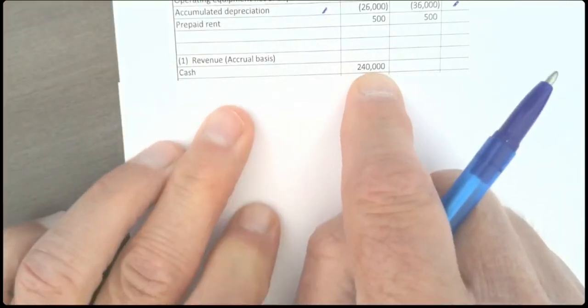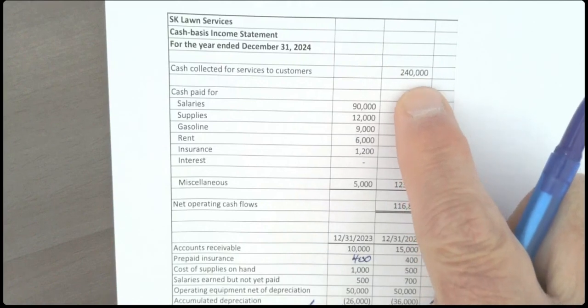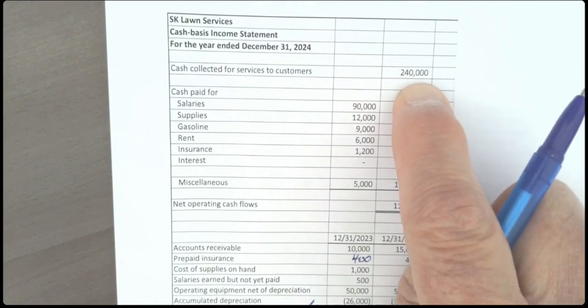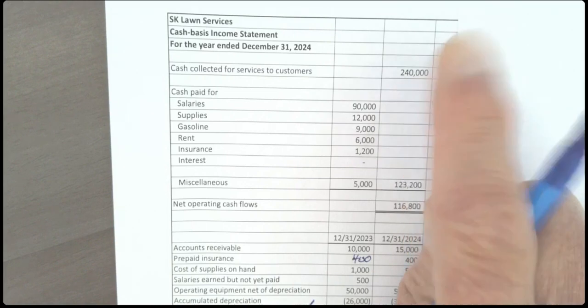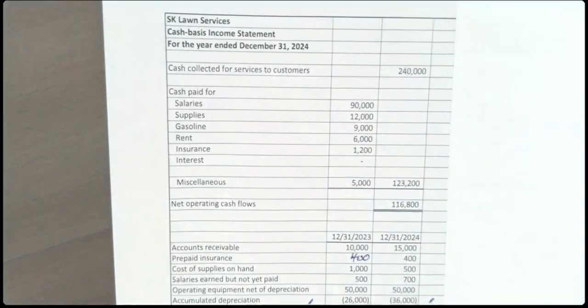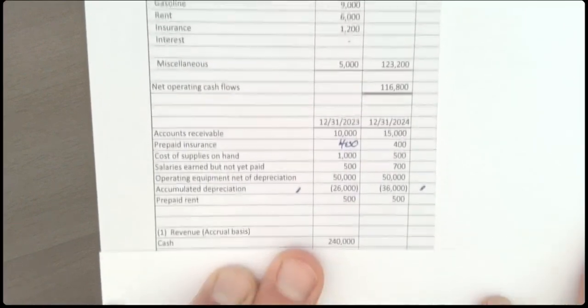Sometimes we debit cash. So you have a debit of cash for $240,000 total. I know that because that was up above. We looked in the checkbook and determined that's how much cash we were paid during the year. But sometimes that was cash for the accounts receivable, and sometimes it was cash for sales.